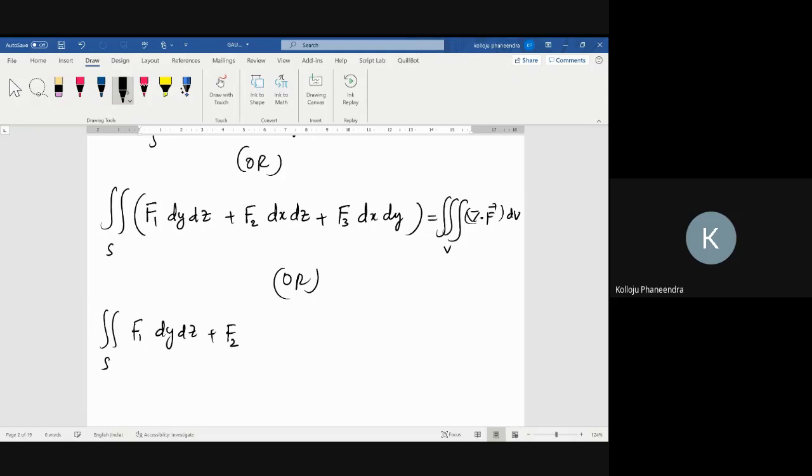F2 means the jth component, in the direction of y, then remove dy and write the remaining two derivatives. F3 is the kth component, in the direction of the z axis.